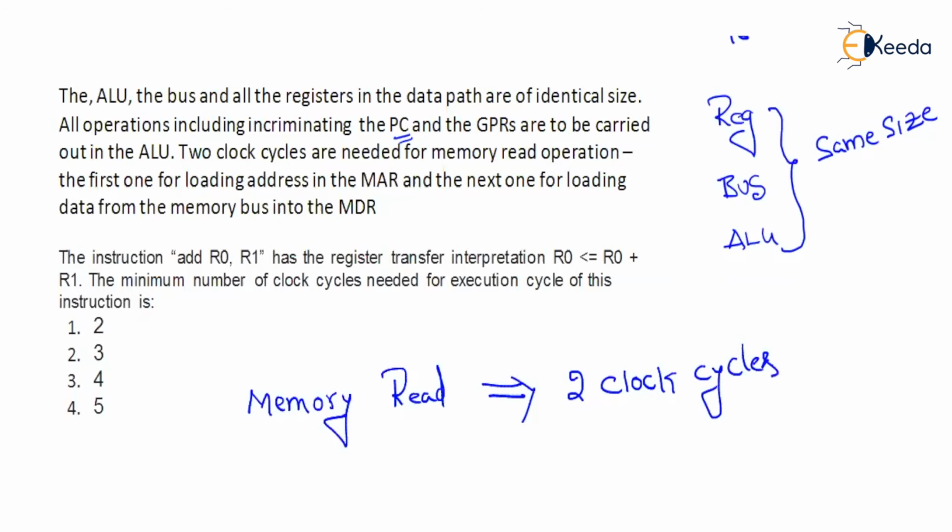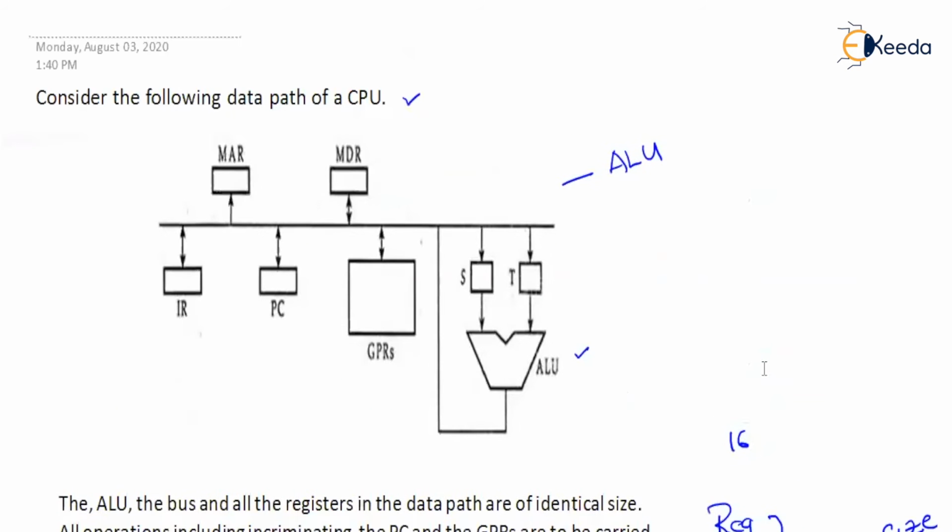You know that whenever we access main memory, first of all, the address should be loaded into the address register. Then the data from the main memory will be fetched and transferred to the memory data register. First, in order to access a specific location in the main memory, the address must be transferred to the address register, which will take 1 clock cycle.